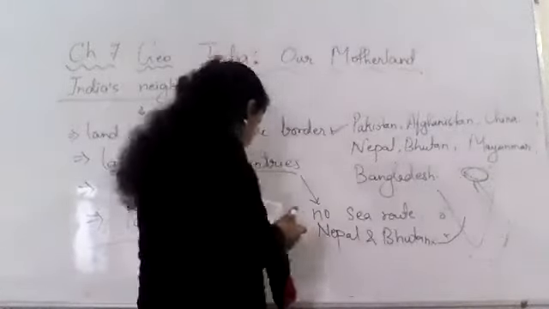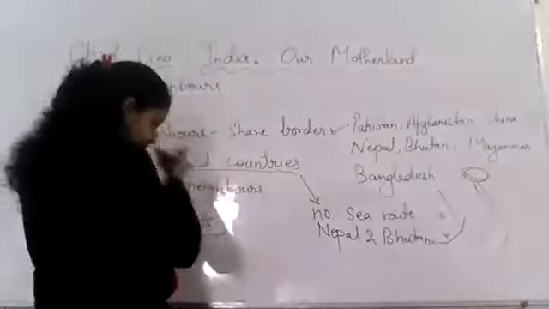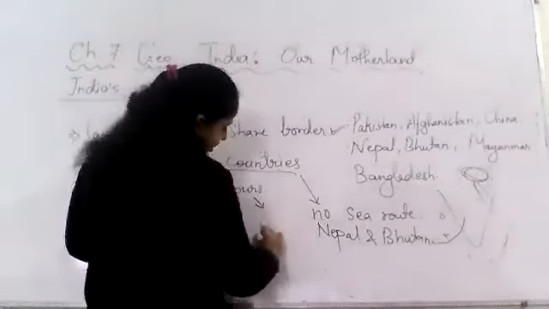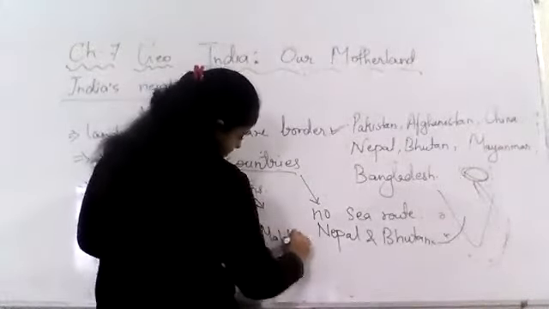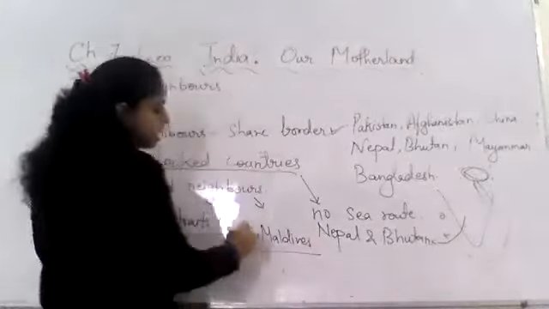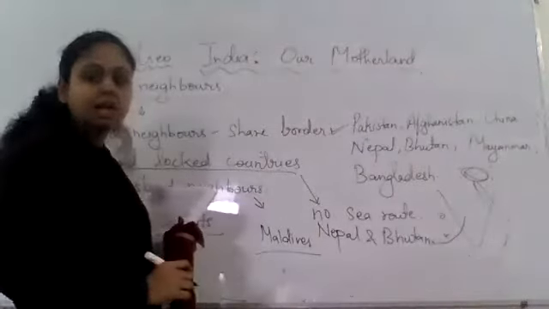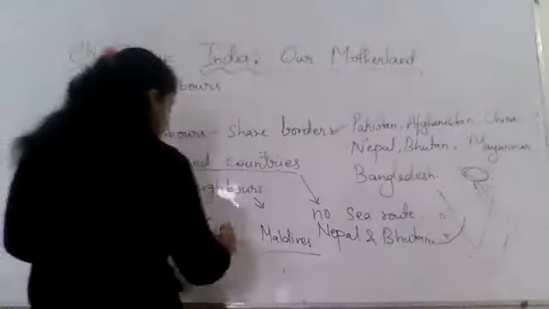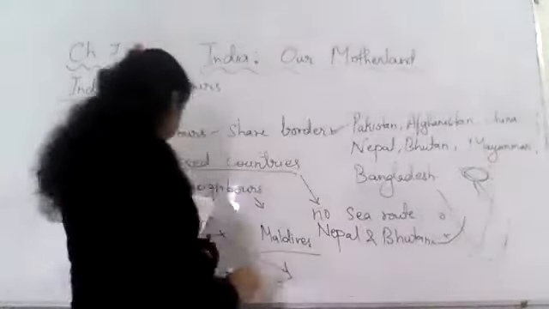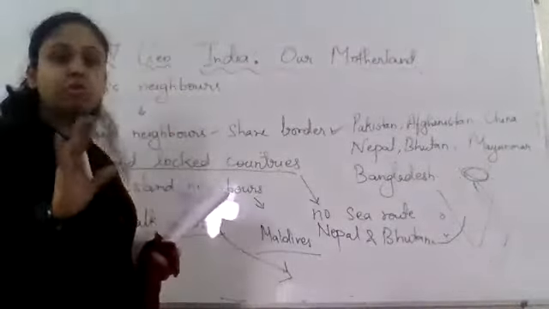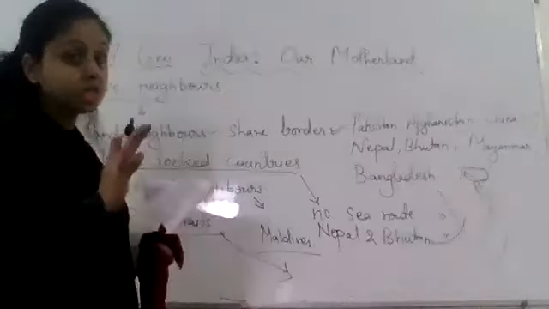Okay. Then you have island neighbors. In this you have Maldives. Maldives are the neighbors and they are an island. Okay. Then you have Palk Strait. Now Palk Strait, what is a strait? First we need to understand what is a strait.